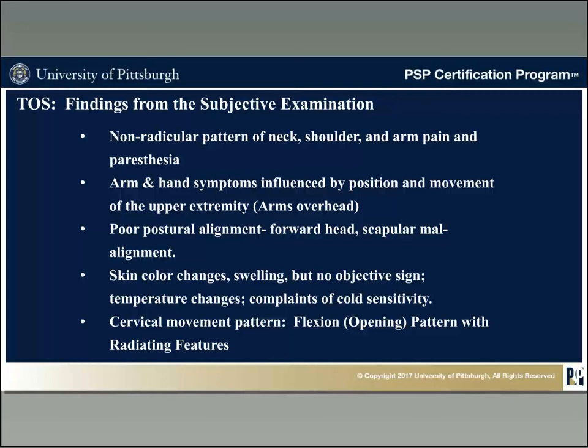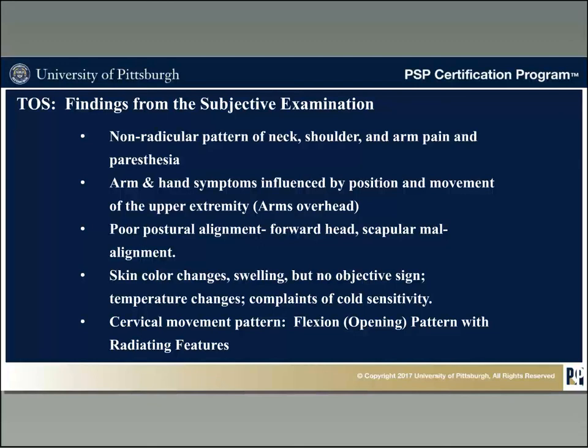In terms of cervical movement pattern, what may increase symptoms into the affected arm would be cervical movements away from that arm. So if I'm experiencing some right arm symptoms, it would be movements of the head to the left, tipping the head to the left, or sustaining those left-sided positions of the head that then bring on symptoms in the involved right upper extremity.